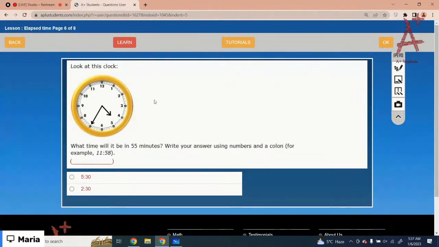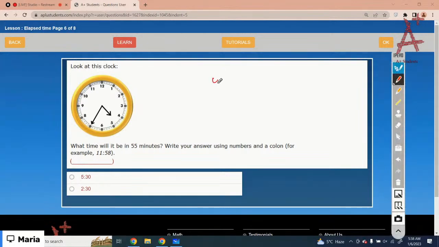Look at the clock. 4:35 it is. You have to add 55 minutes. 4:35 add 55 minutes. So it would be 5 and 5, 10, 0, 1 carry. 5, 6, 7, 8 and 1, 9.